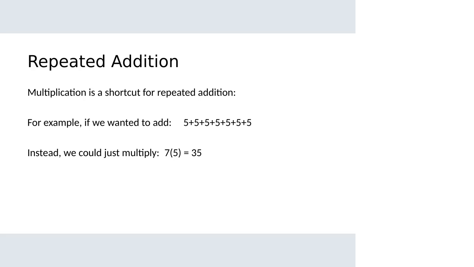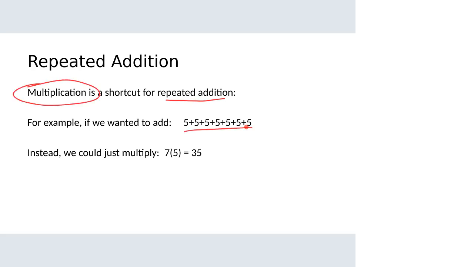If we were supposed to add 5 plus 5 plus 5 plus 5 plus 5 plus 5 plus 5, chances are you wouldn't go to your calculator and do that. Instead, you'd come up with a shortcut for that.